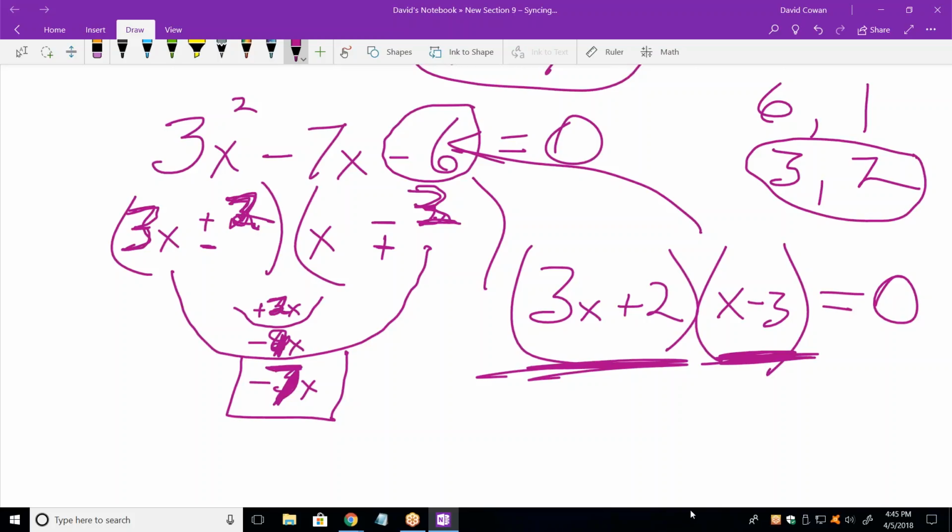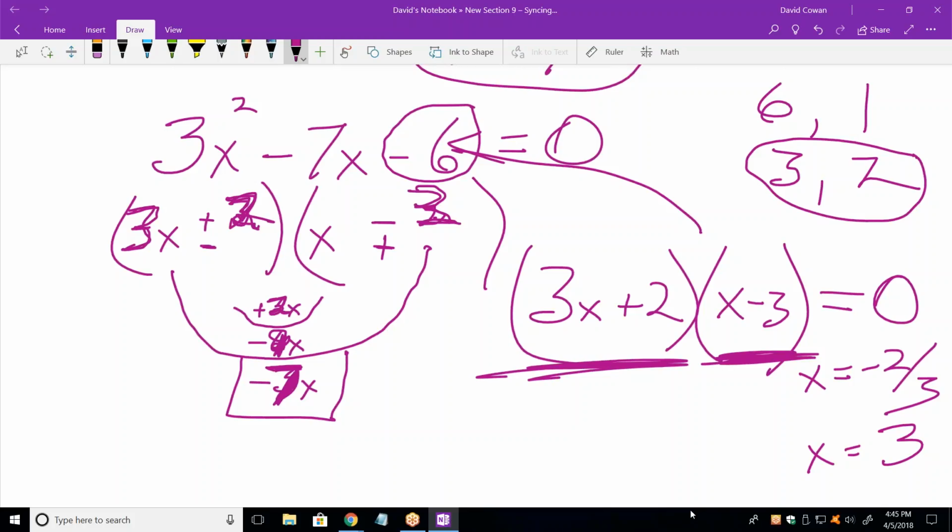Okay, so the first one will be negative 2/3. Good. Equals 0. One second, let me write this down. Negative 2/3. And then the second one will equal positive 3. Okay.